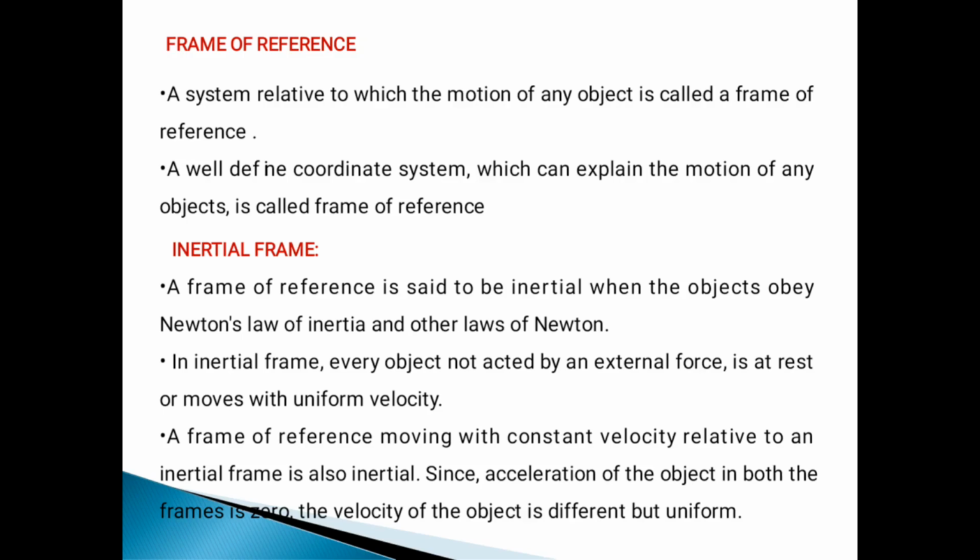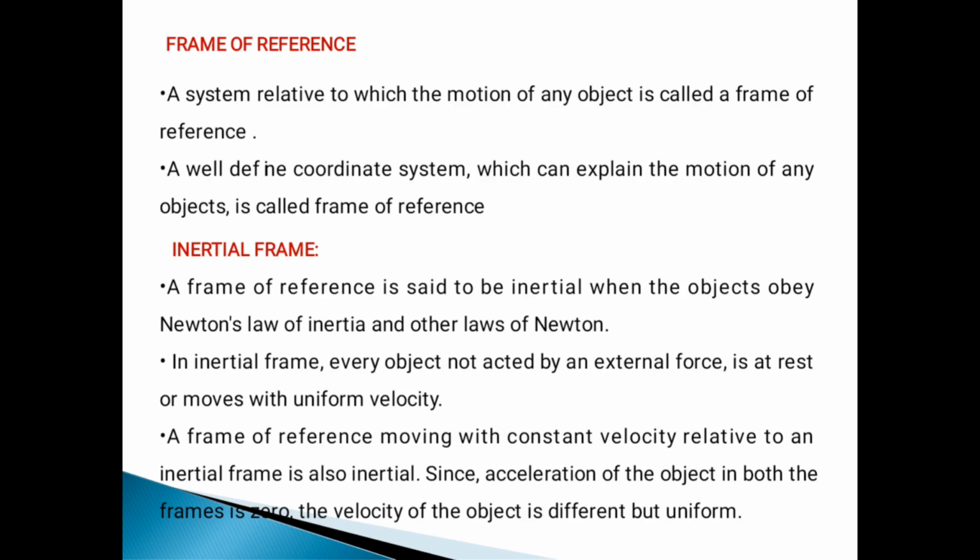A well-defined coordinate system which can explain the motion of objects is called a frame of reference. There are generally two types of reference systems: inertial frames or unaccelerated frames, and non-inertial frames or accelerated frames.